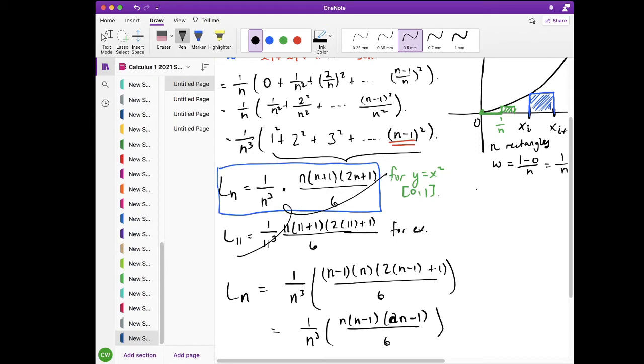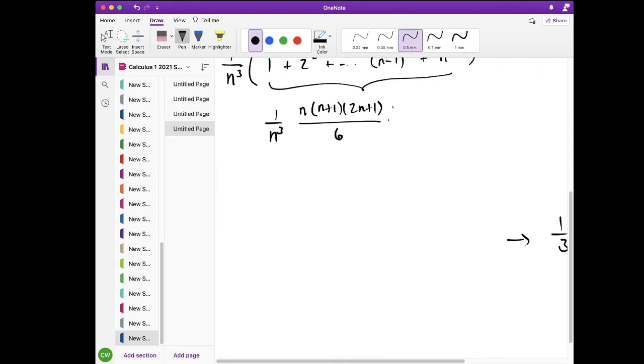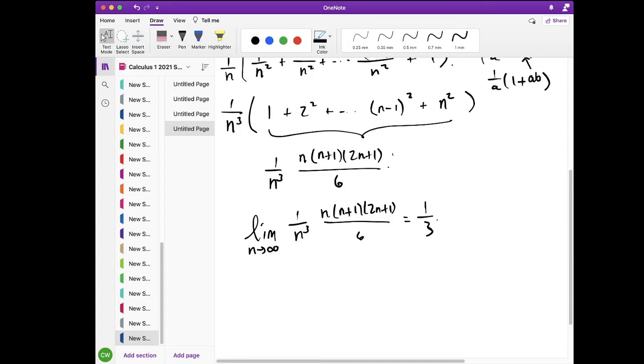So this limit also goes to 1/3. Anyway, all right, so what we have here, this was actually the one we did in the beginning. This limit is 1/3. Okay. All right, so any questions on the left and right approximation there? Okay, so what does this mean?